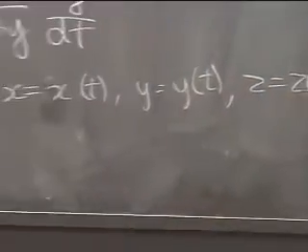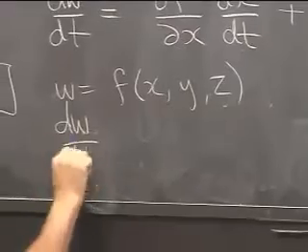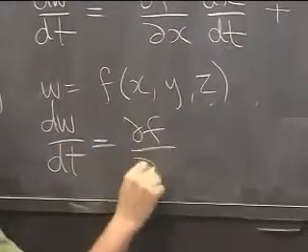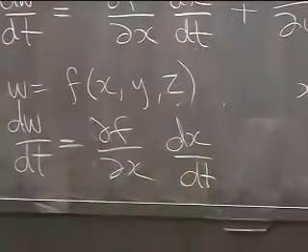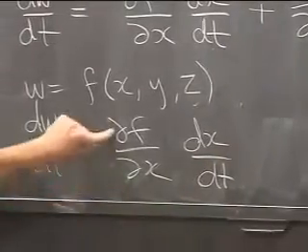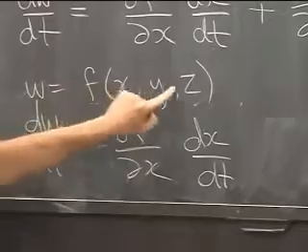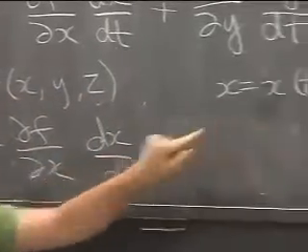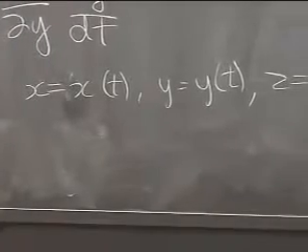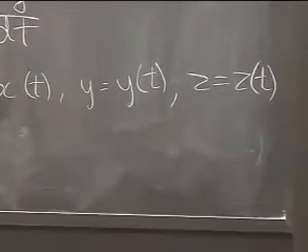So again, dw dt equals df dx, partial, times dx dt. Notice here, by the way, that's the partial derivative because f is a function of three variables, not just one. Whereas x is only a function of the variable t. So that's why I write the regular old d's. There is some method to this madness.